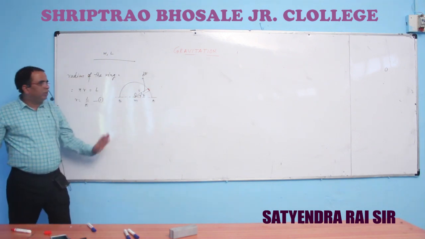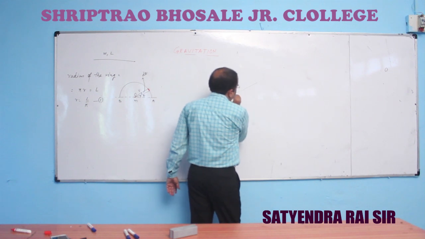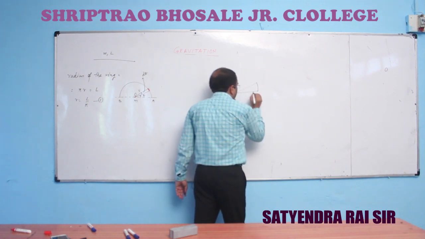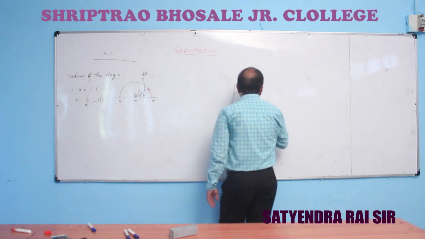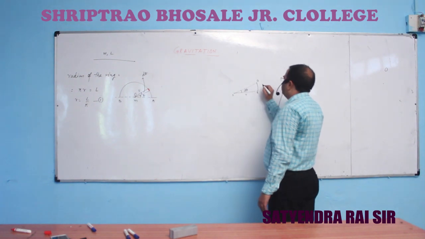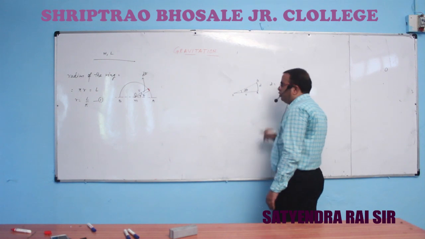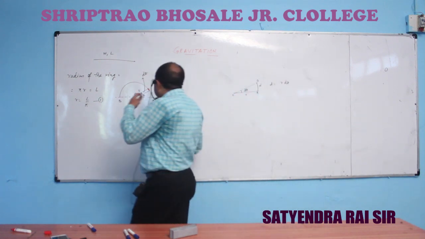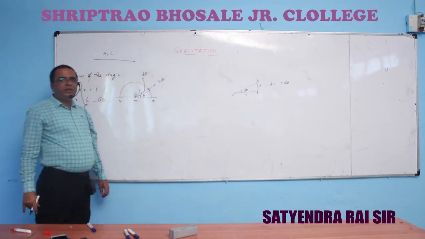There is an arc which subtends an angle d theta, and the radius of the arc is r. Then the length of the arc AB can be written as r d theta.